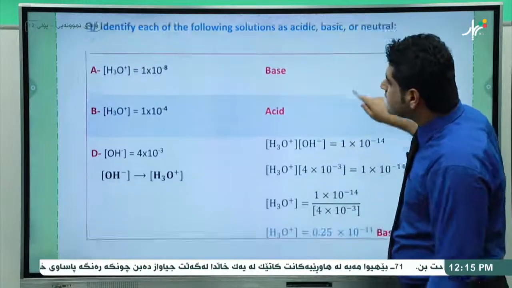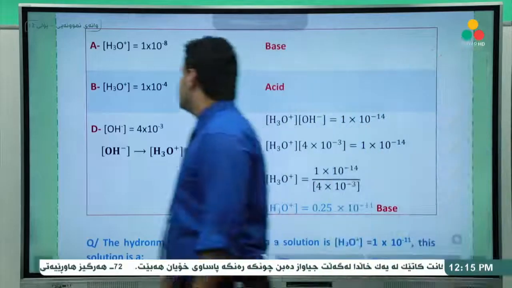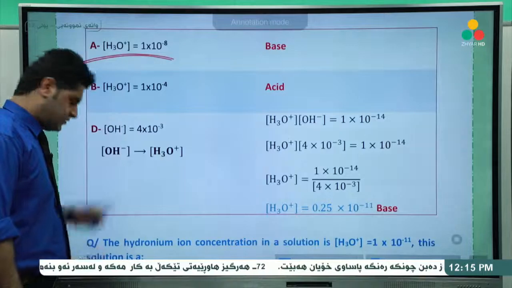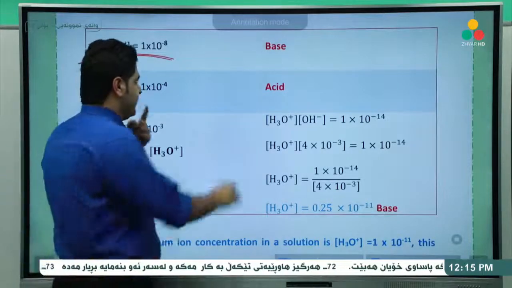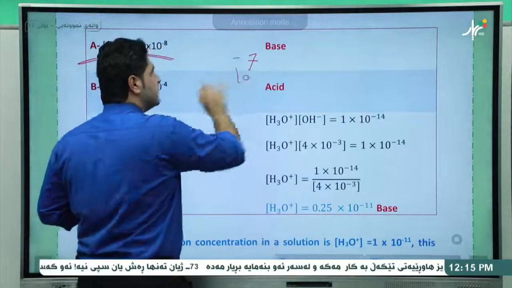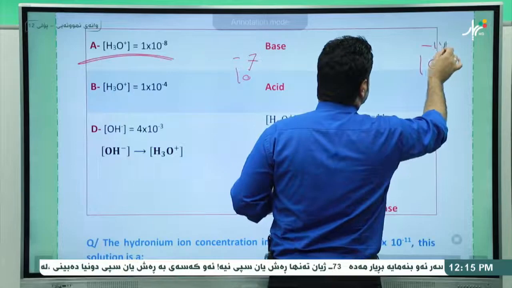Well done. Well, for question number 1, or A, if hydronium ion is 1 times 10 to the negative 8, in the middle it was negative 7. In the right side, until negative 14.